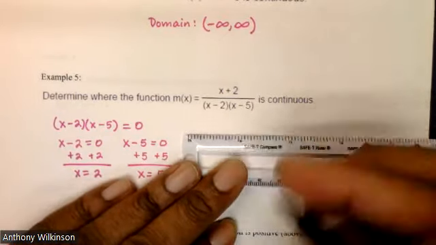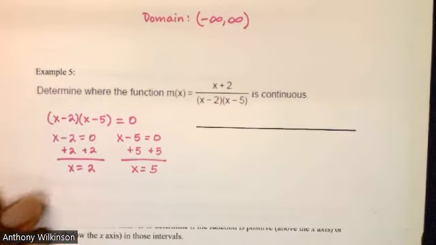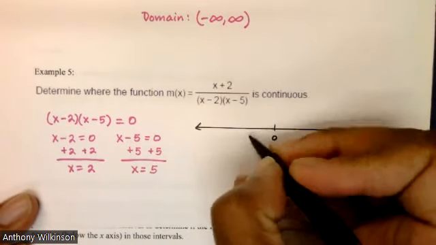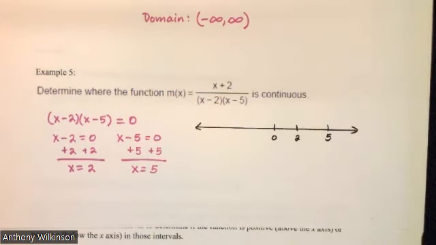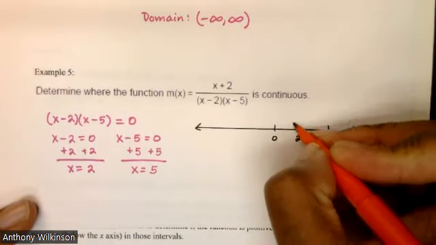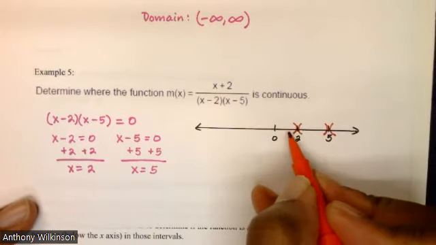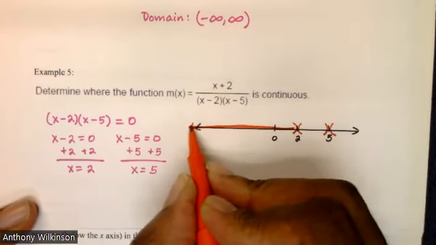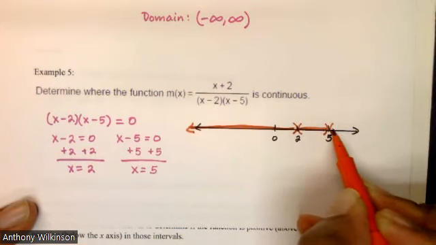And if this helps, it's not necessary, you can draw a number line to see what the interval notation would look like for this domain. Okay, 2 and 5 are over here. We know at 2 and 5 we're going to get zeros in the denominator, so I'll use parentheses here. Any x value less than 2 will satisfy that rational function. Any x value in between 2 and 5 will satisfy that function.